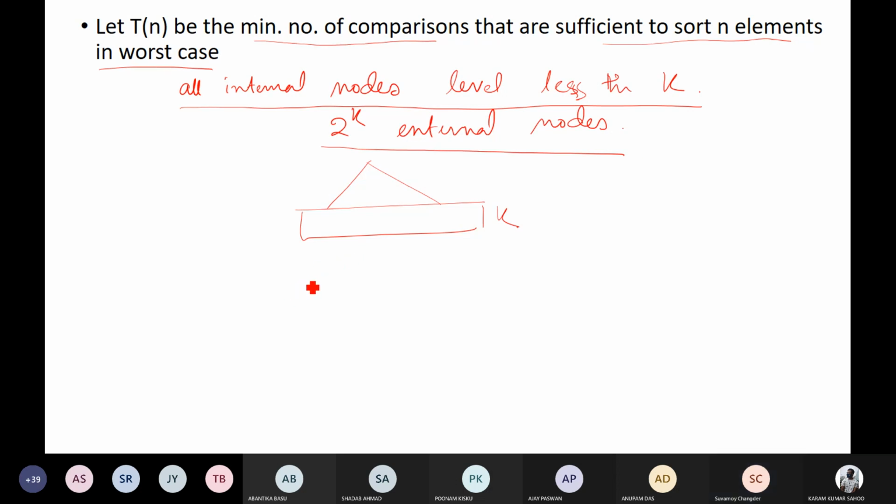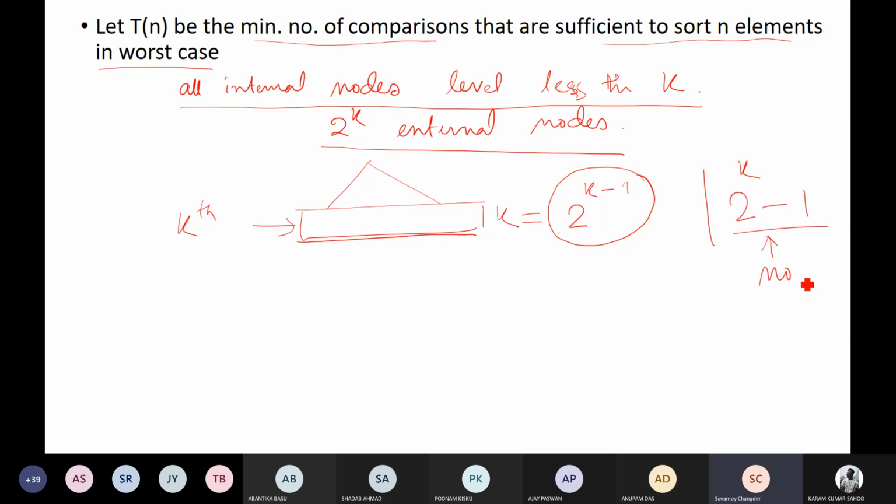Why? Because in the kth level there are 2 to the power k minus 1 nodes in a binary tree. Please don't get confused between 2 to the power k minus 1 and 2 to the power k minus 1. This is the total number of nodes up to level k, and this represents the number of nodes at level k.